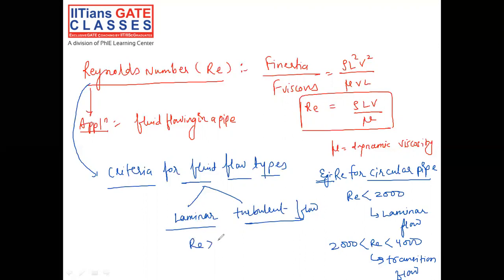Whenever the Reynolds number is more than 4000, we classify it under turbulent flow. That is the whole idea of using the non-dimensional number called Reynolds number. Of course, the 2000 and 4000 values are different for different ducts as well as for flow over a flat plate.